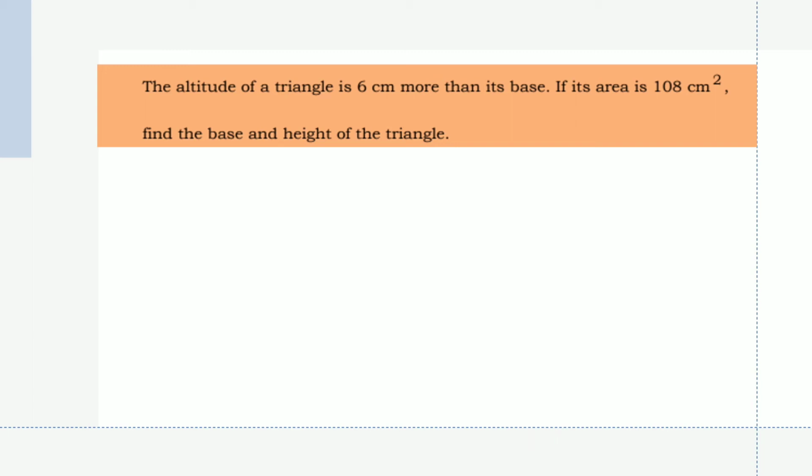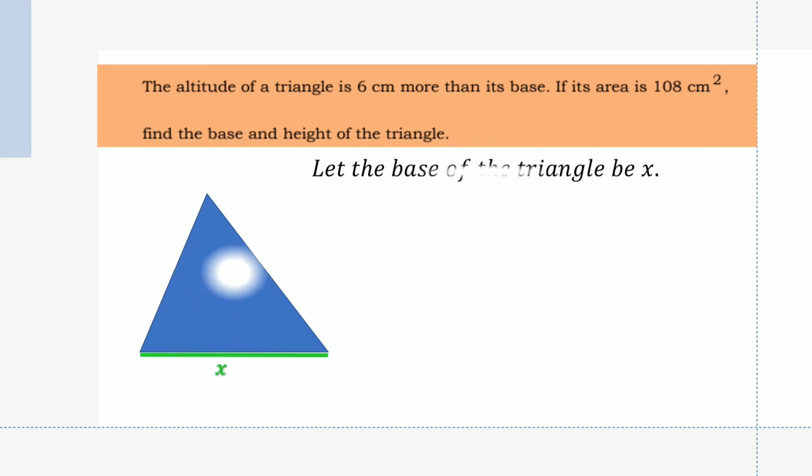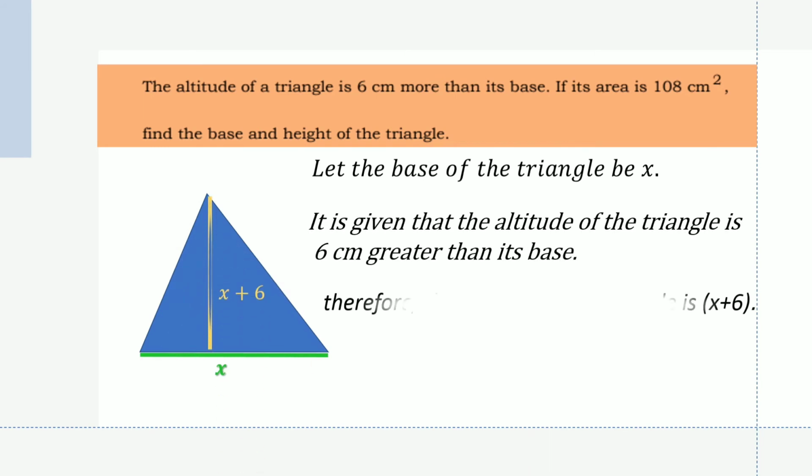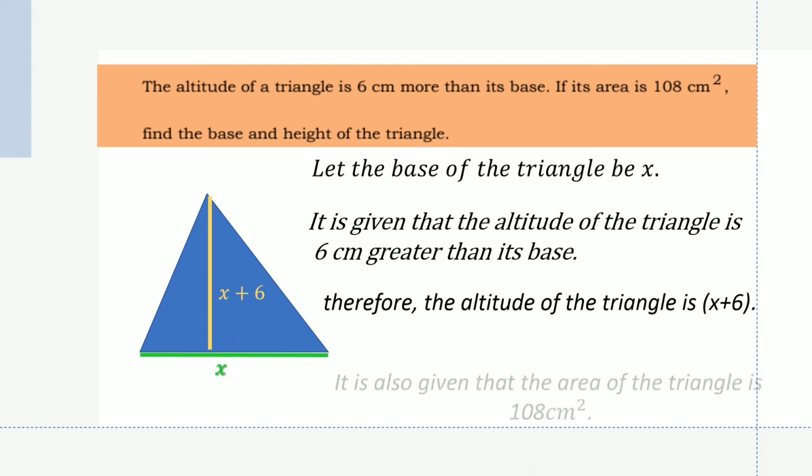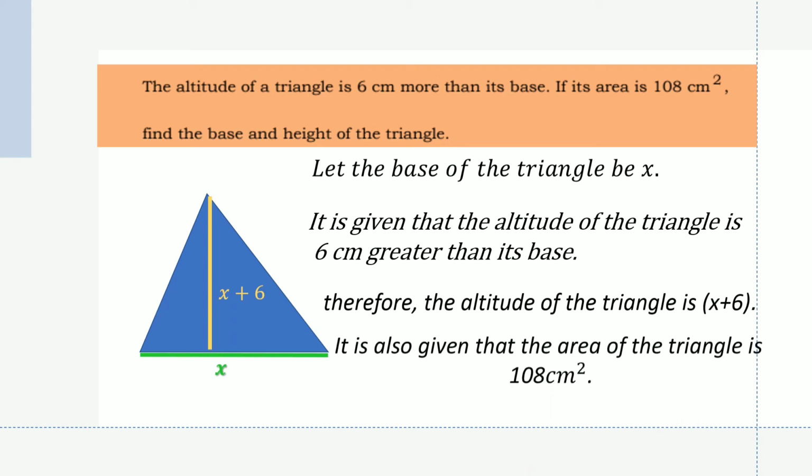The altitude of a triangle is 6 centimeter more than the base. If its area is 108 centimeter square, then find the base and the height of the triangle. Let the base of the triangle be x. It is given that the altitude is 6 centimeter longer than its base, so the altitude is x + 6.